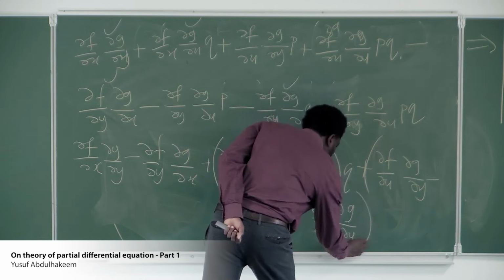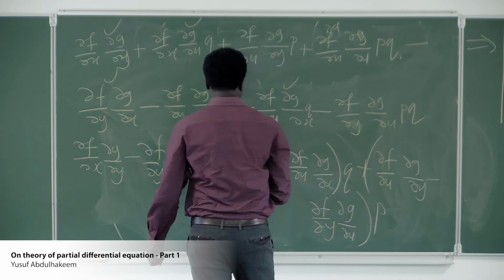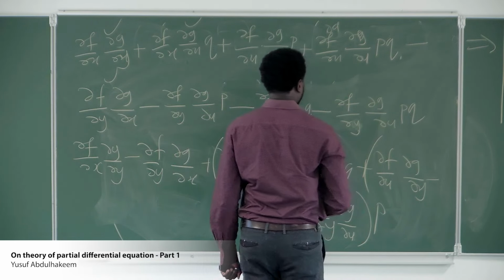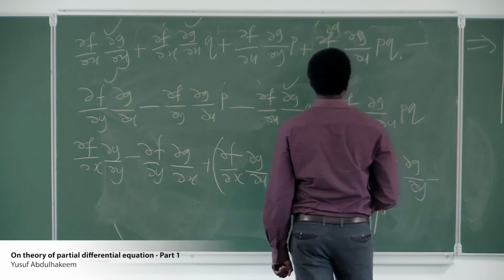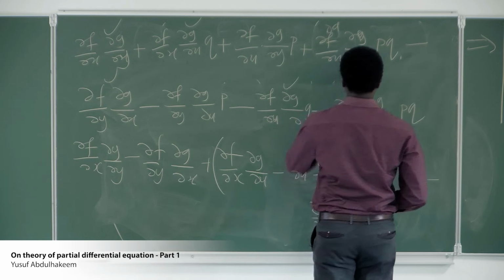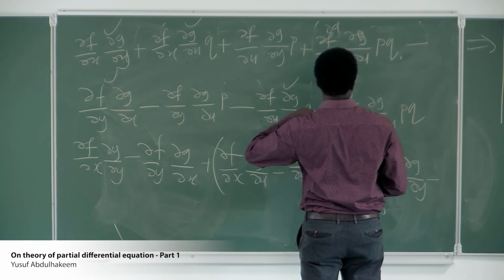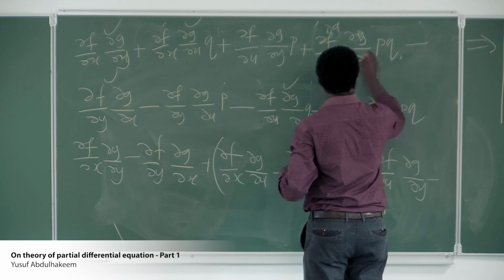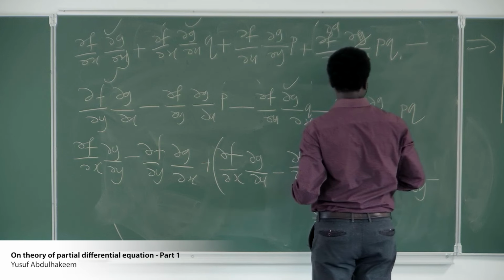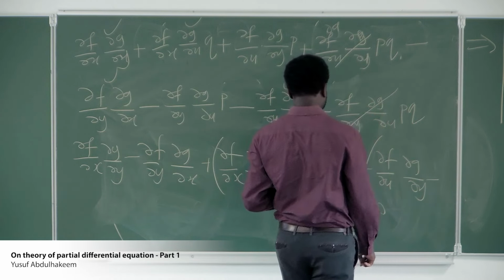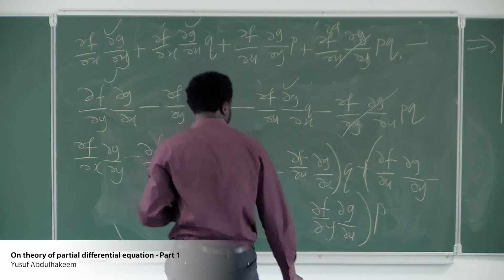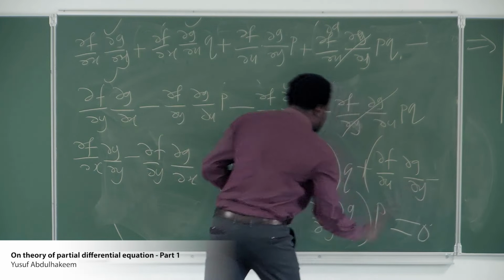So the whole of this, we can see they all have this p in common. And then this one, ∂u ∂y, which is positive, and then we'll go with this one, which is negative. So everything here now is equal to 0.